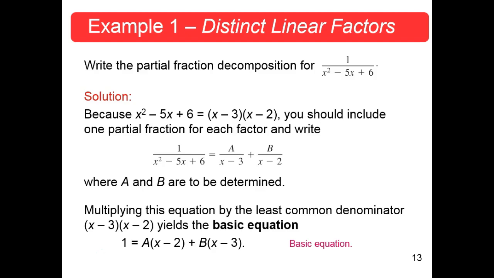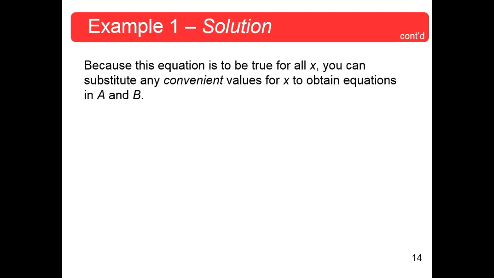Now, what you could do is multiply those through and then solve for A and B. It's long and tedious. The quick way is to just assume, because that equation is true for all x's, you can substitute any convenient value for x to obtain equations in A and B. And that's what we did.